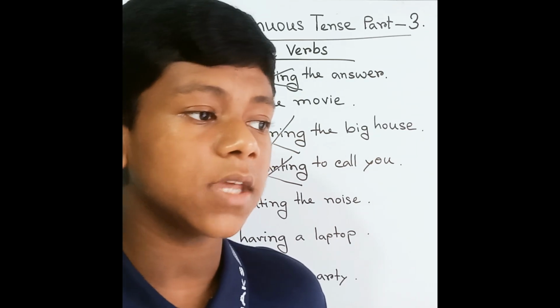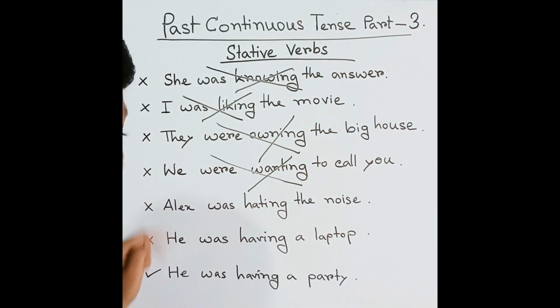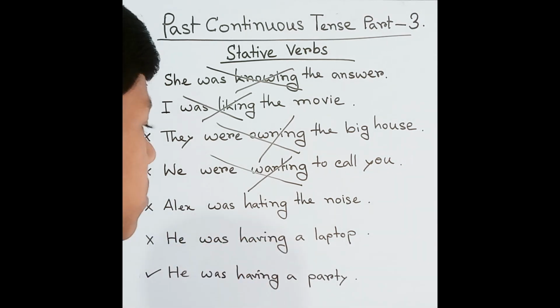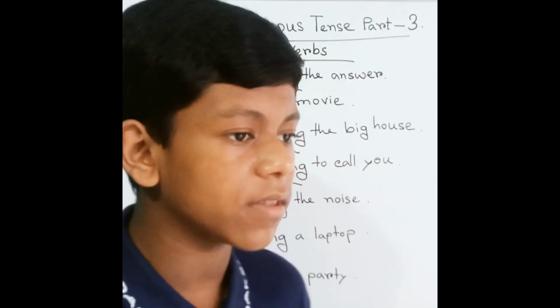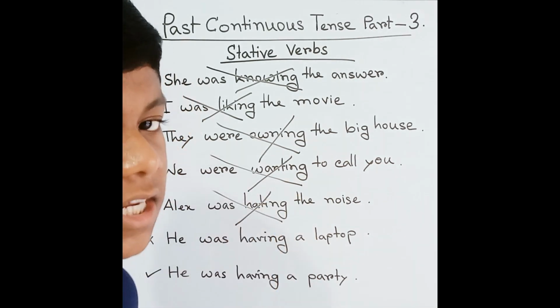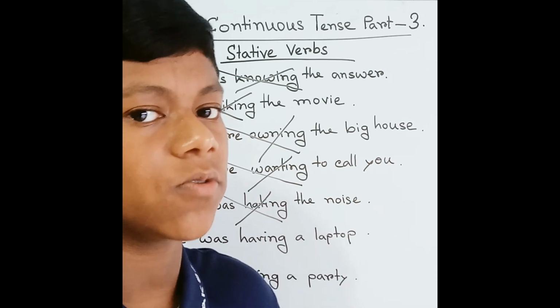There are also others, for example need. And we can see "Alex was hating the noise." Why can't we use it? Because hate is an emotional state, so we can't use it in the past continuous tense or the other continuous tenses.